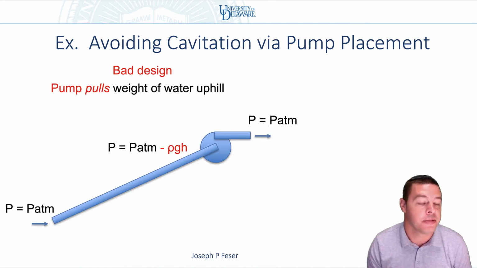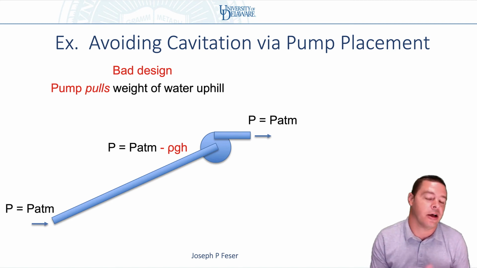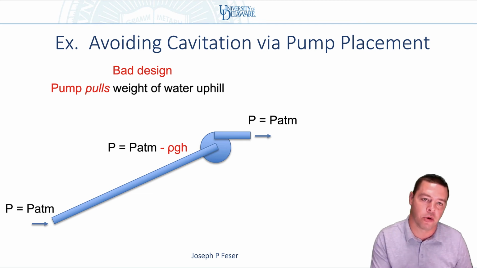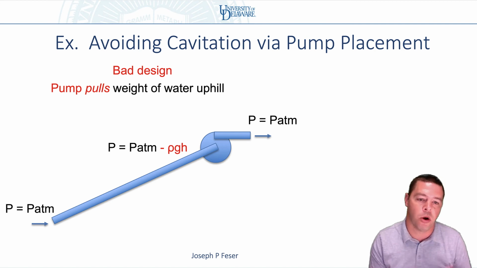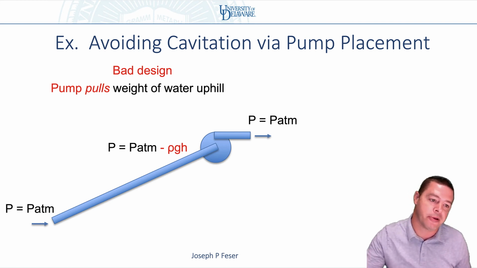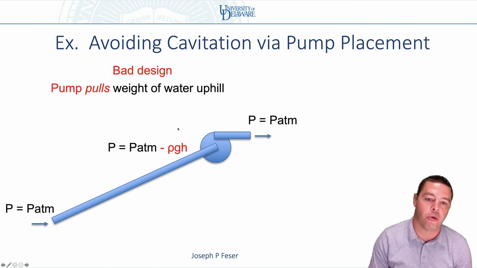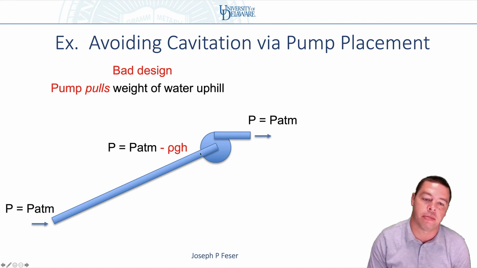Bad design. In a lot of situations you are trying to move a fluid around by raising the pressure, right? Fluid travels from regions of higher pressure to regions of lower pressure. So one way to move a fluid up a pipe is to create a low pressure at an outlet and a higher pressure at an inlet, and that'll drive fluid up.